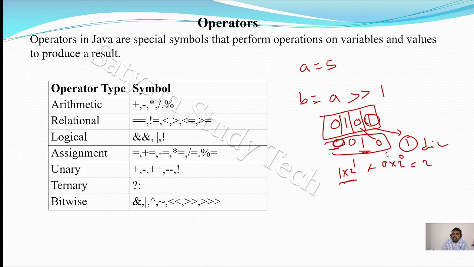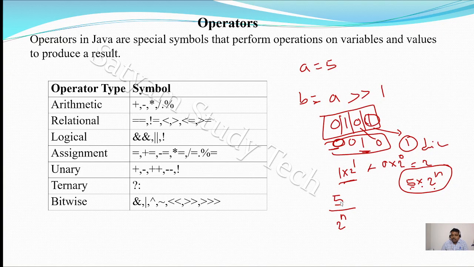So what is the shortcut for this? In left shift, you apply: actual value into 2 power the number of bits shifted left. In right shift, you write 5 by 2 power n, where n is the number of bits shifted right.